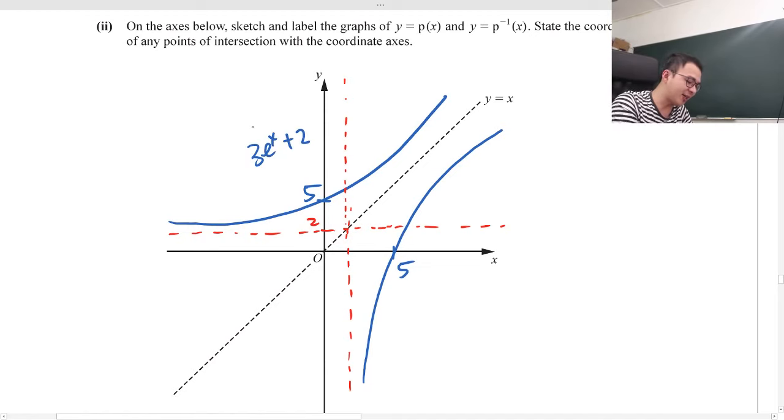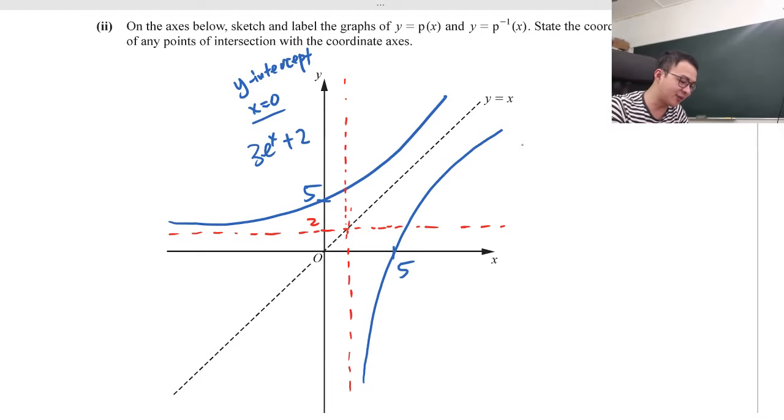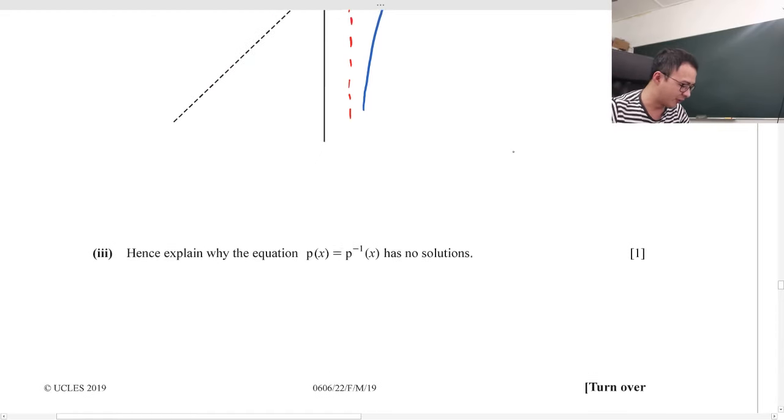At the y-intercept, x equals 0. So x equals 0, e^0 equals 1, so 3 plus 2. This is the reason why I get 5. And then for the e^x graph and ln x graph, basically they will never intersect the line y equals x. So this is something you will need to remember.